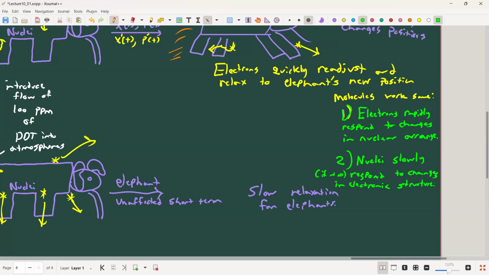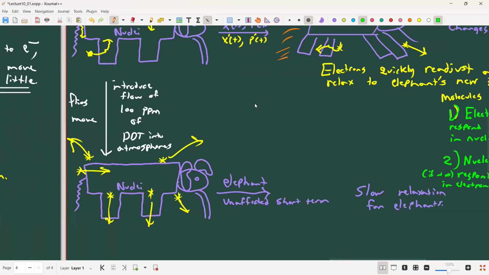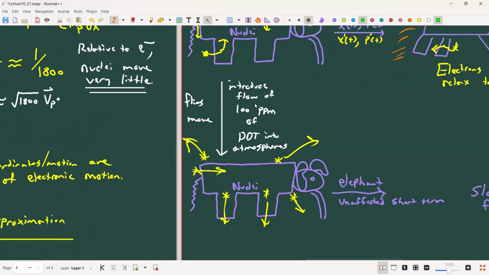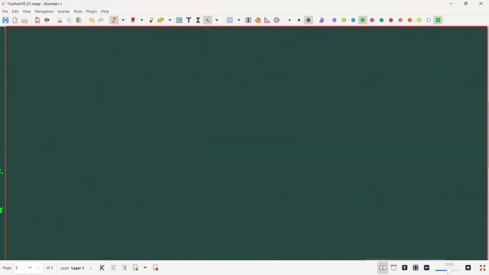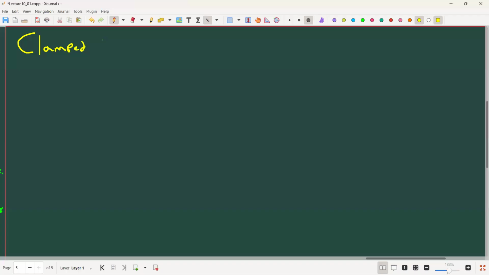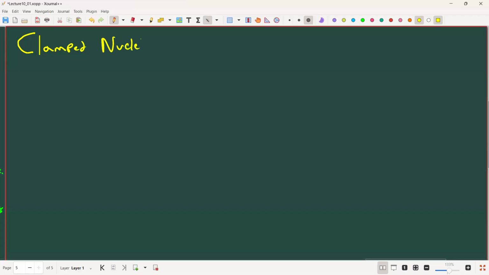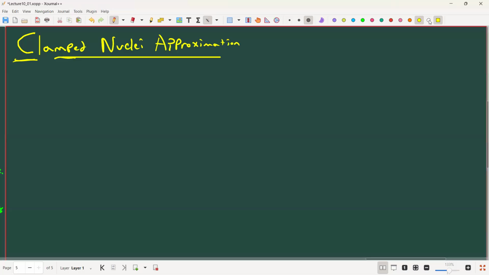So Born and Oppenheimer come up with a new approximation to our hydrogen atom. What they do is what's called the clamped nuclei approximation. The idea is very simple.